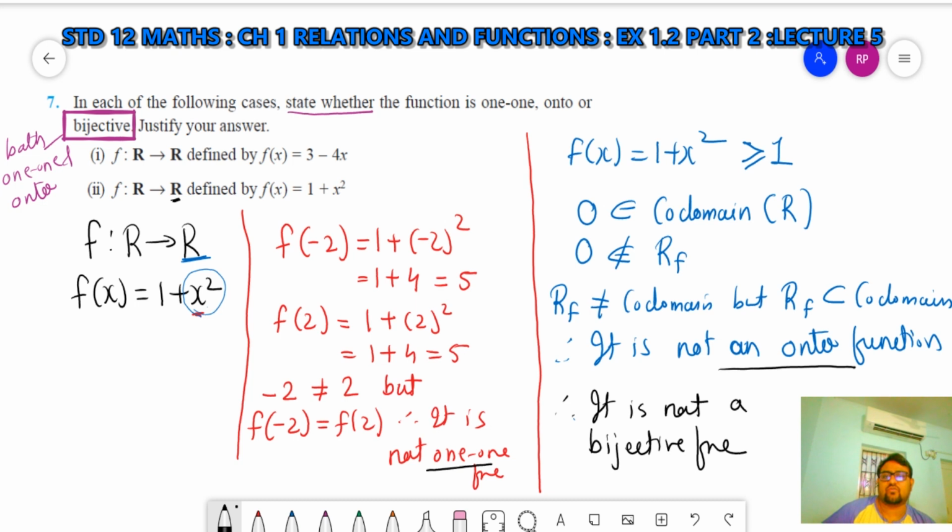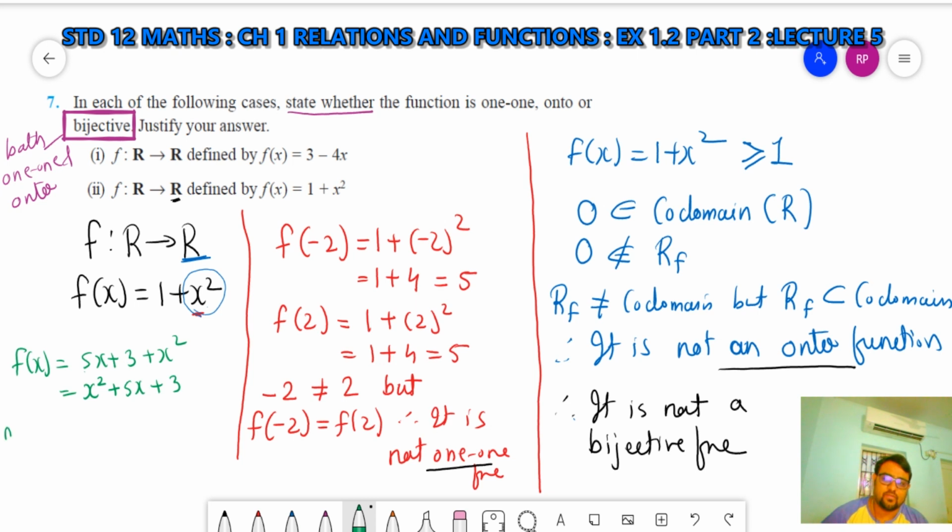If you are still not able to convert into a perfect square, let me give you one example. If the function f(x) is 5x plus 3 plus x square, what you can do, you can arrange it this way: x square plus 5x plus 3.